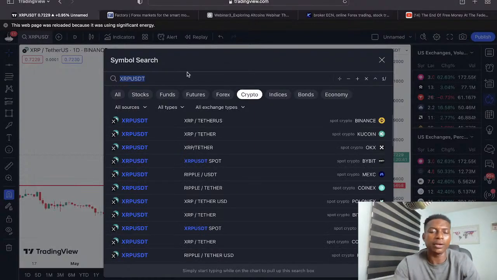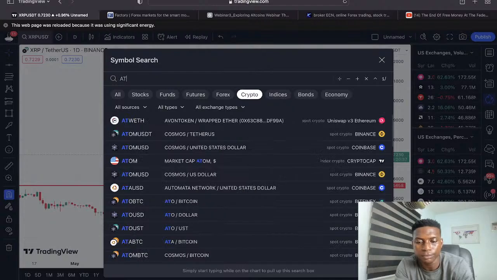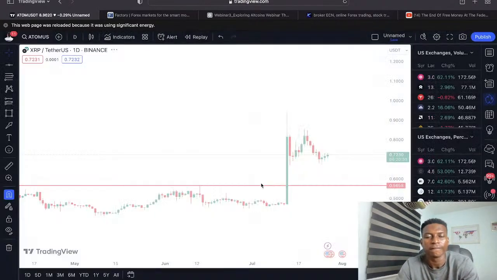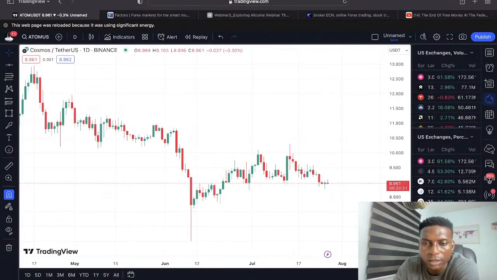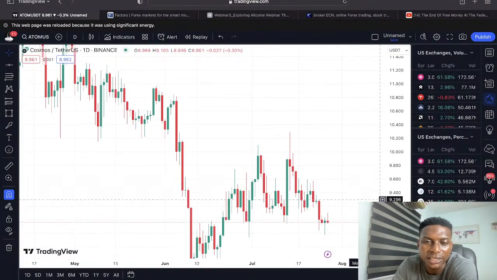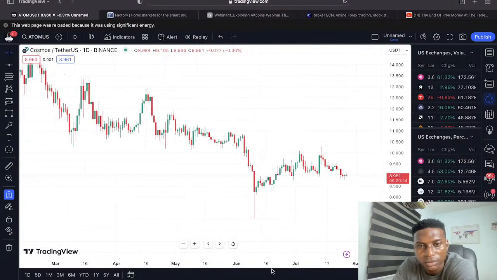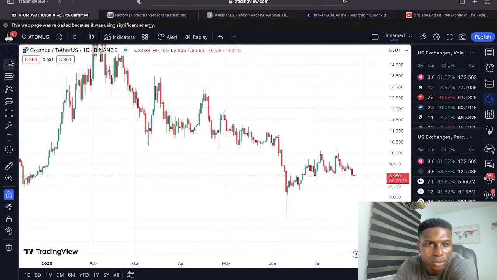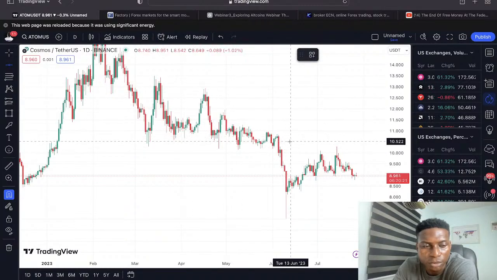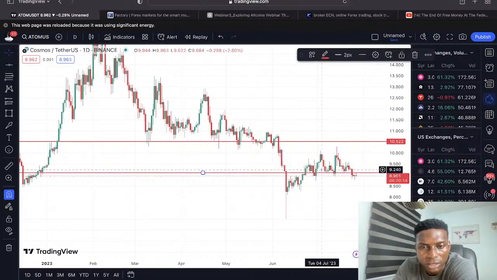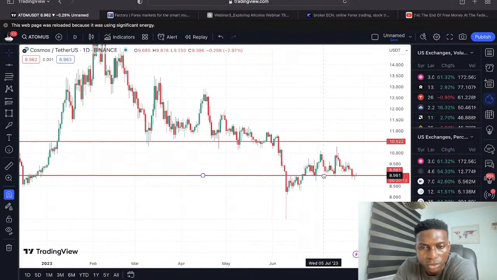All right, let's look at another altcoin, Atom. Okay, so here we can analyze it. You can see the market broke out of this level, then this is another level to watch.